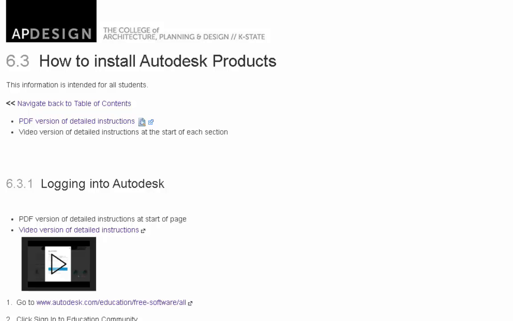I do want to let you know that both the PDF version and the video version are going to show the exact same things. So there's probably no reason to have to go through both. If you're an incoming first year, I would recommend either choosing the PDF or choosing the video and not doing both, as it can be too time consuming, and the instructions are pretty much the same in both.